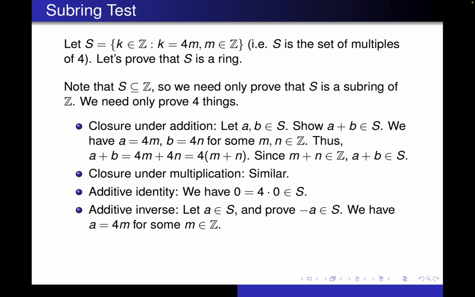If we want to find negative a, it takes a little bit of work to prove it, but it's not too hard to prove that negative a is equal to 4 times negative m. Negative m is also an integer, so that means negative a is a multiple of 4, and therefore an element of S. And that's all the four things. So we just proved that S is indeed a ring.